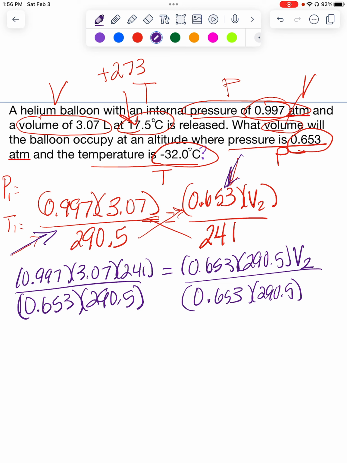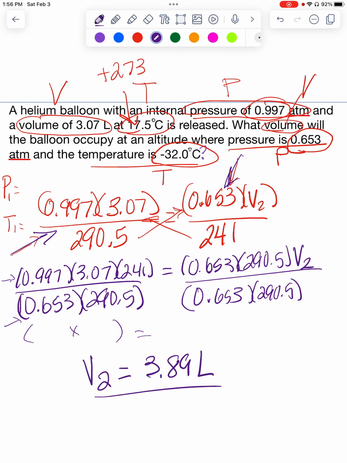So what did I do on the calculator? I did 0.997 times 3.07 times 241, press equals, divided by parentheses that times that parentheses, press equals. And you get volume 2 as 3.89 liters. And I think it's important that you go back and think about what's happening.